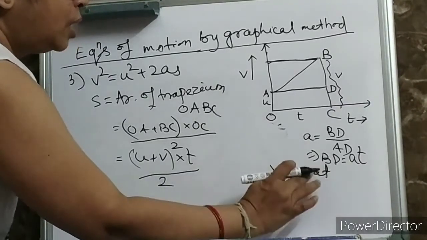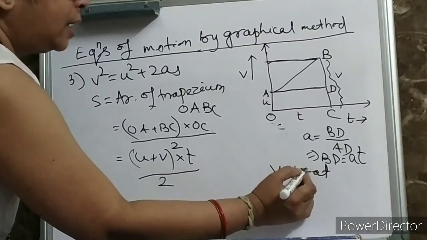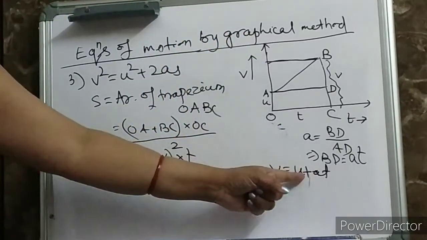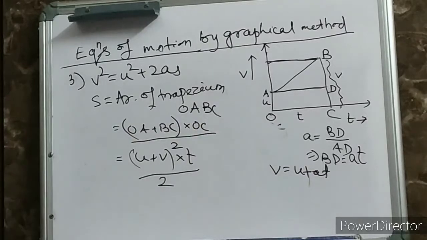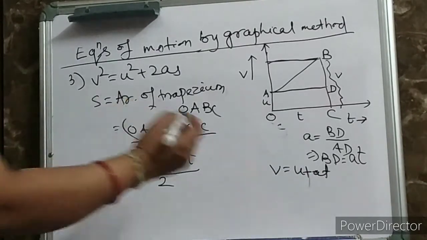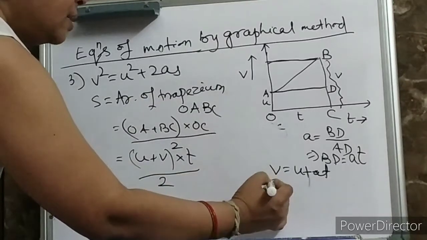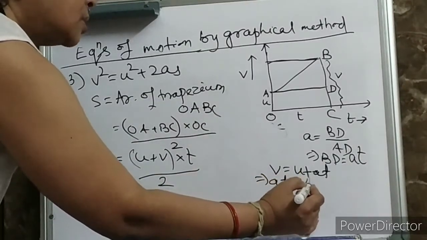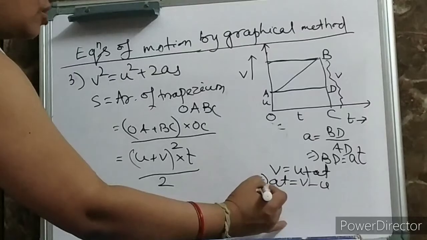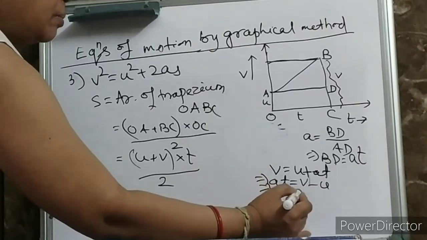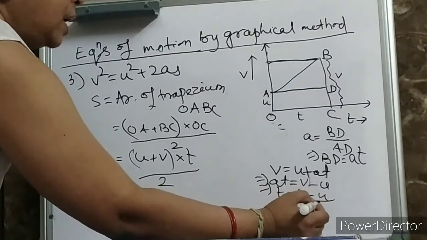From this equation we can find the substitution for T. So let me write AT is equal to V minus U. Just rearrange the equation. And what is your T? V minus U by A.